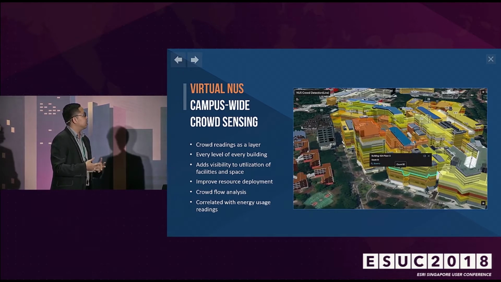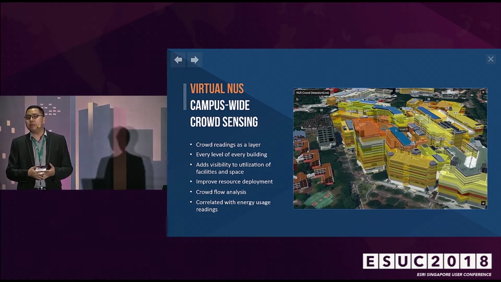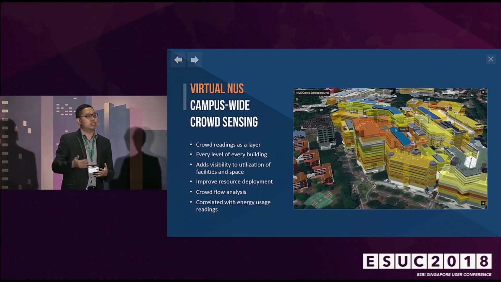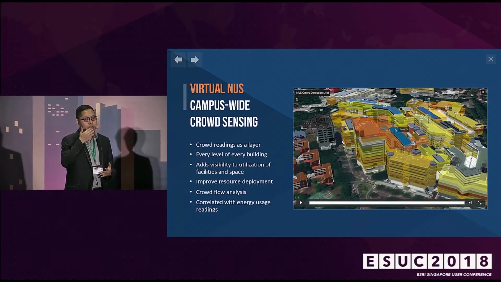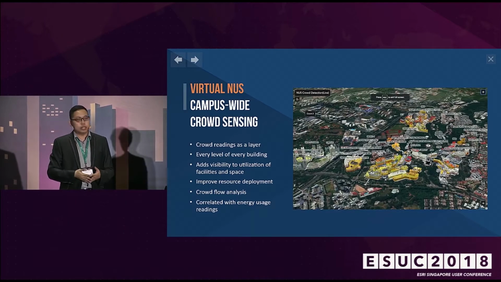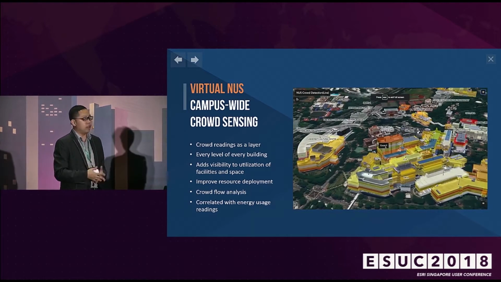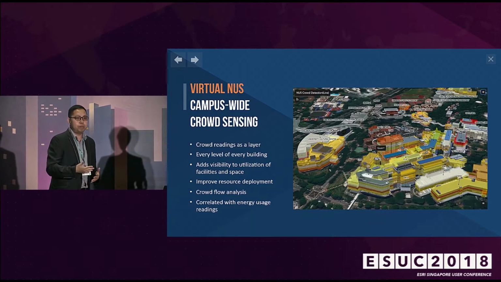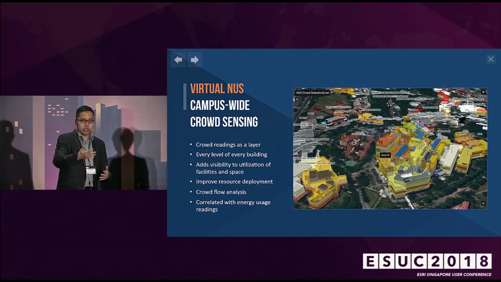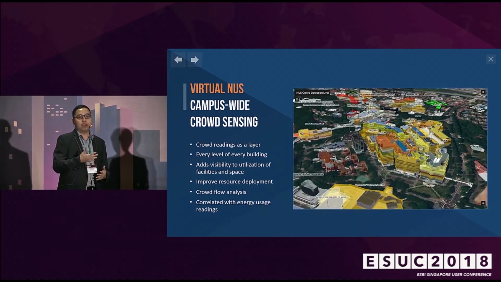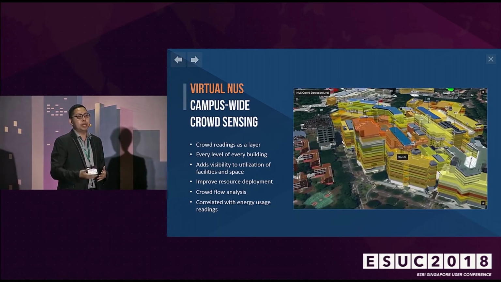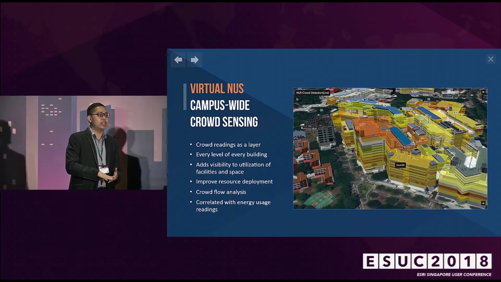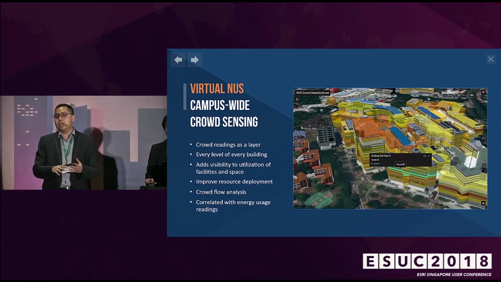We have set up a campus-wide crowd sensing mechanism, whereby we are able to sense crowd changes per minute at every level, every building within the campus itself. So here we have an in-house dashboard to allow planners and security to look at this crowd on a per minute basis. They can also look at historical data to see if there's any anomaly.